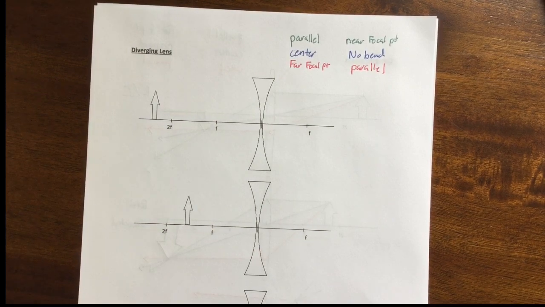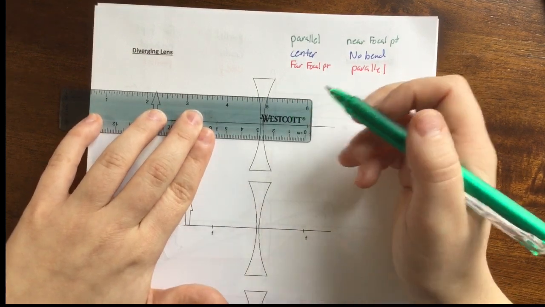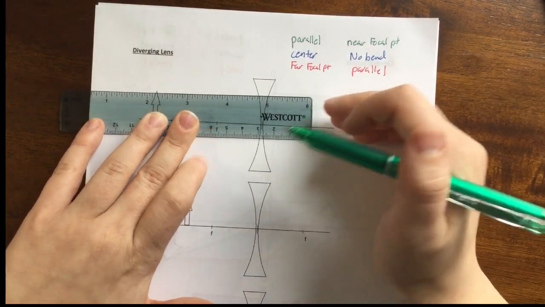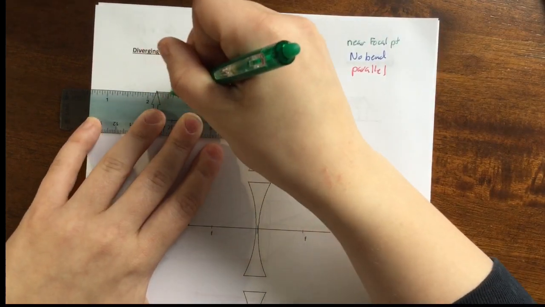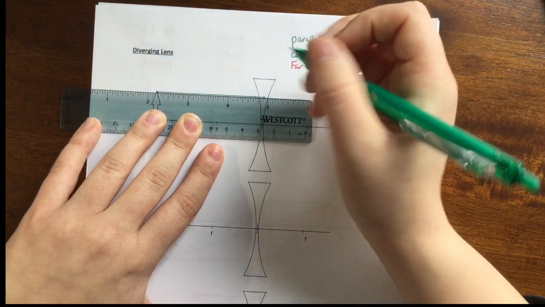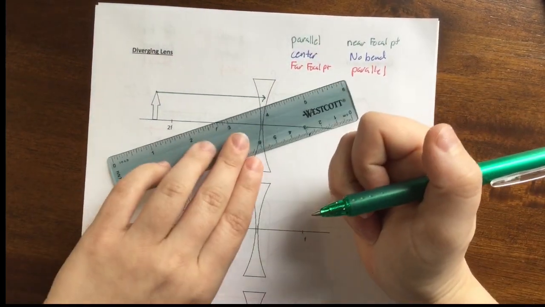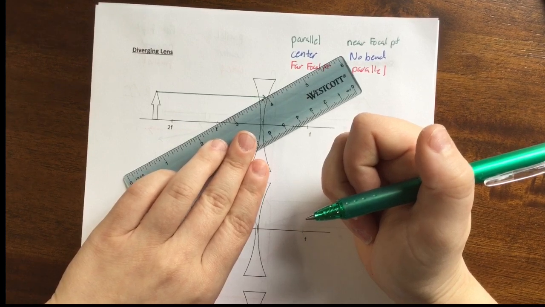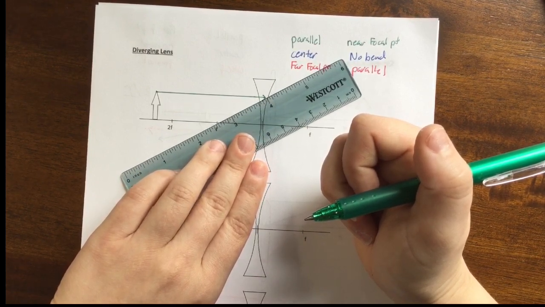We will start with our first ray. Line it up, and it's going to come in parallel, and then it's going to refract as though it's going through the near focal point.